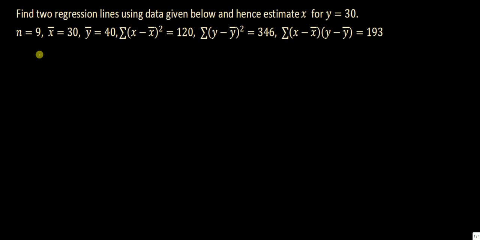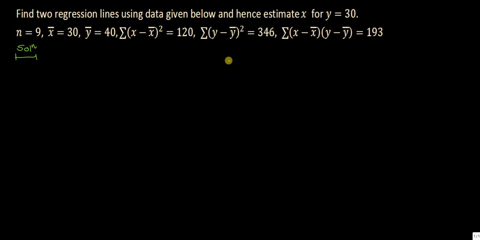So we are finding our solution. Here n is given, x bar is 30, y bar is 40, sigma x minus x bar whole square is 120, sigma y minus y bar whole square is 346, and sigma x minus x bar into y minus y bar equals 193.